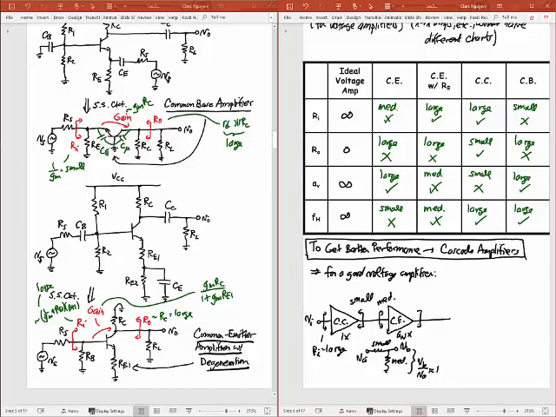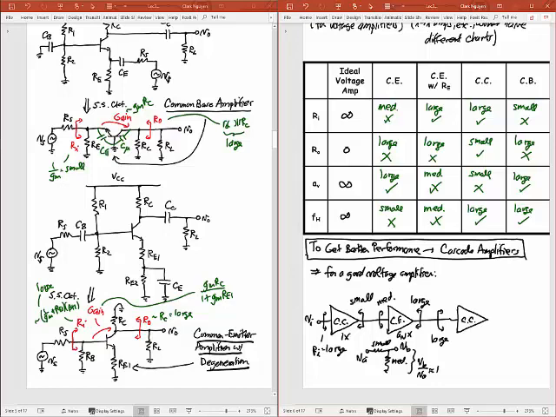Okay, but the problem with CE is, remember, its output resistance is large. And so if I'm trying to drive the next stage with this output resistance, I'm going to lose a lot of gain because of this same effect. Right? Instead of small here, I would have large there. So what I want to do is have the next stage have a very large input resistance, and I can do that again with my common collector.